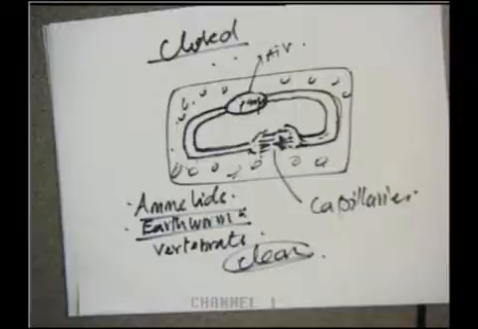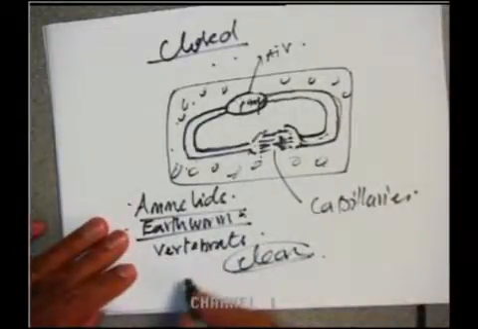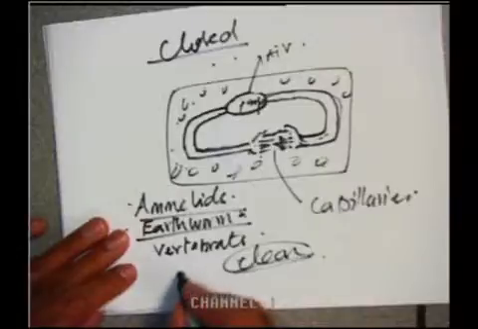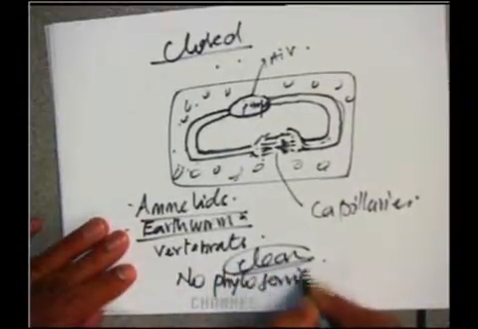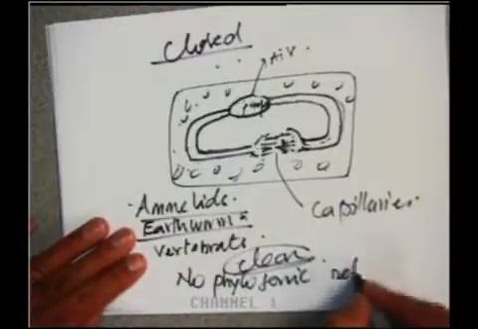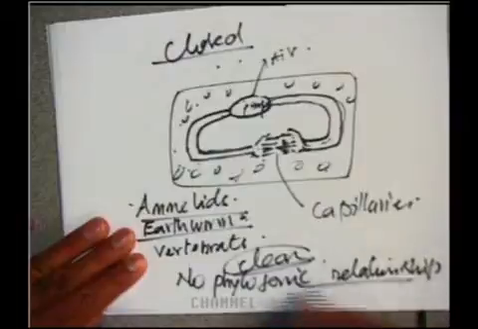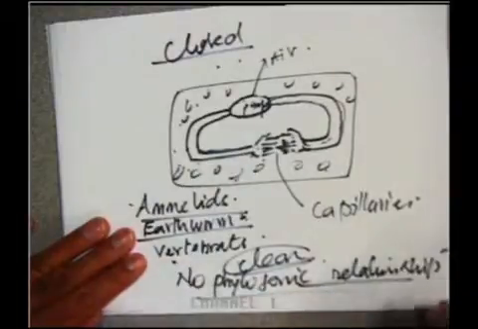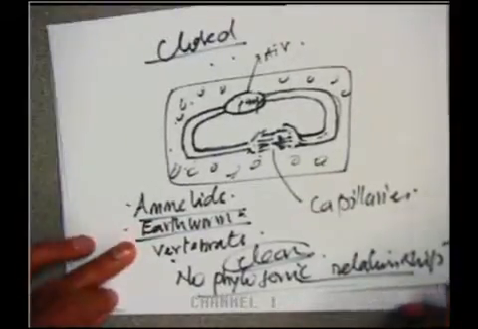So this closed system is not behaving as if it's phylogenetic. So we say there is no phylogenetic or evolutionary relationship in its design. In vertebrates, it's closed, right?